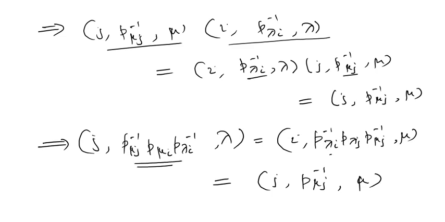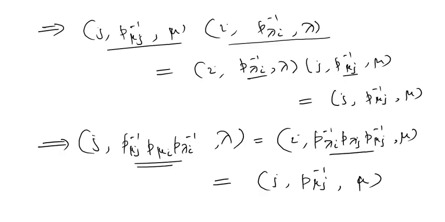Now we equate the middle entry of these three tuples. If we equate the first and third, this gives I equal to J and mu equal to lambda.